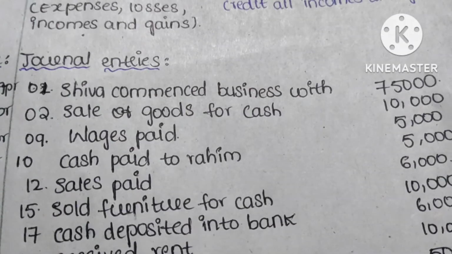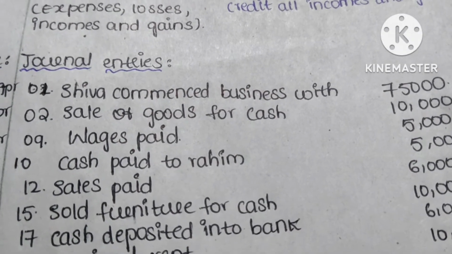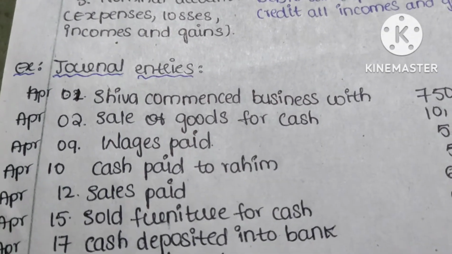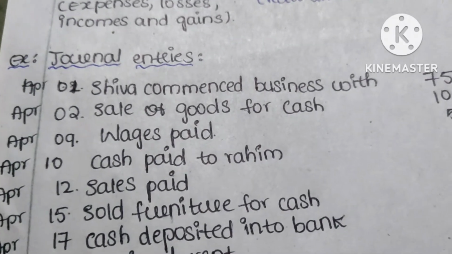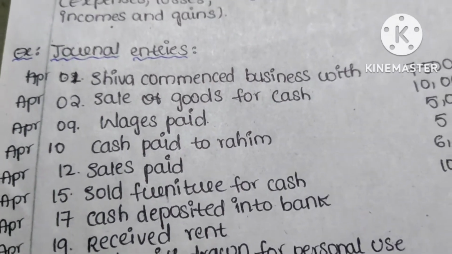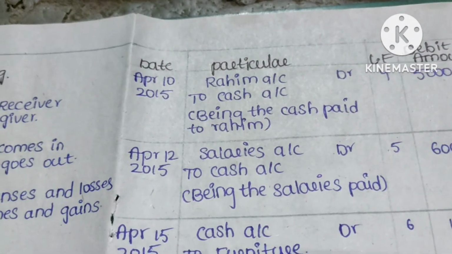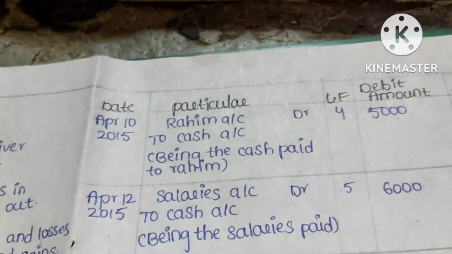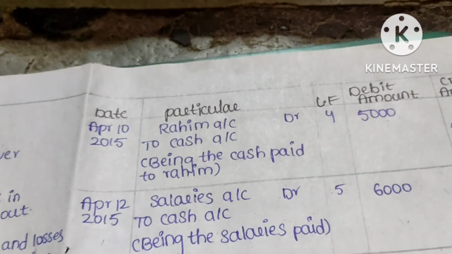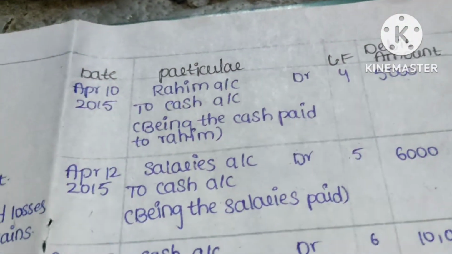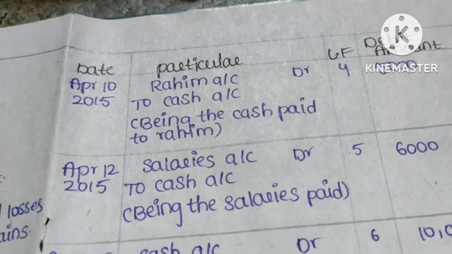As per the fourth entry, cash paid to Rahim on April 10th. For this entry we have to write the particular date, particular ledger folio, debit amount, credit amount. Those are all the same entries, friends. So April 10th, Rahim account.